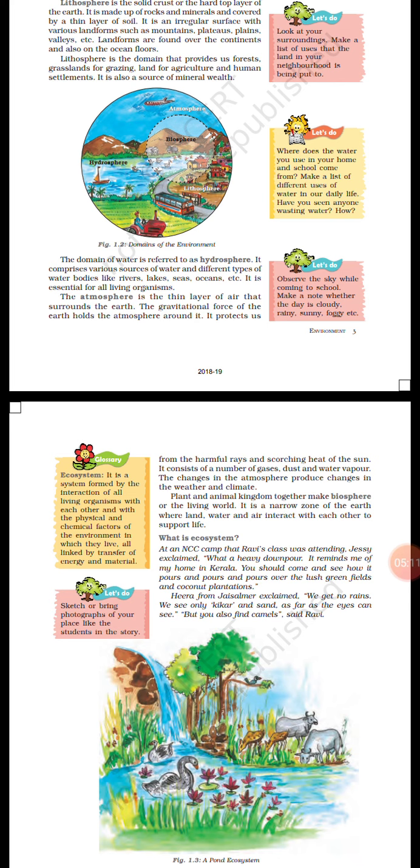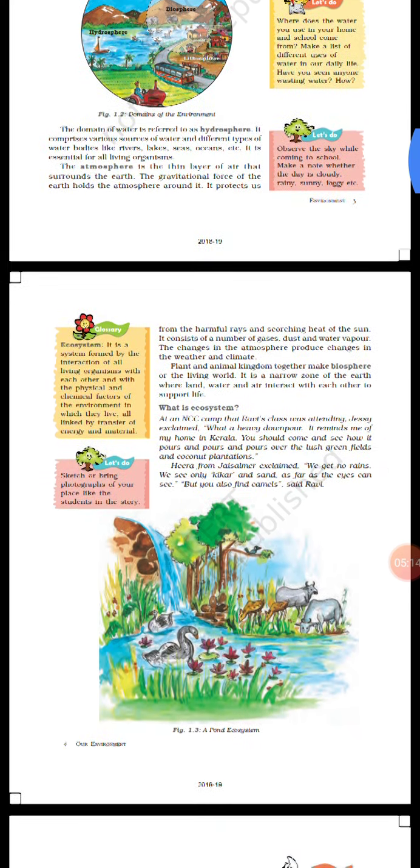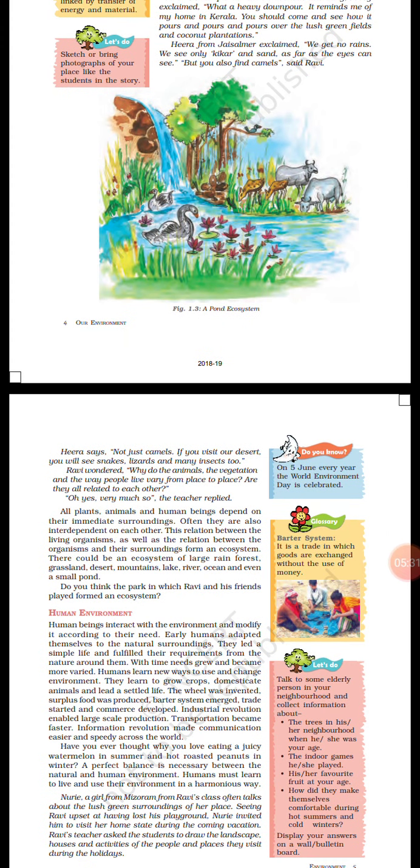Now, the next topic came, what did you understand by the human environment? Human beings interact with the environment and modify it according to their needs. As we know, in the ancient time, early humans adapted themselves to their natural surroundings.